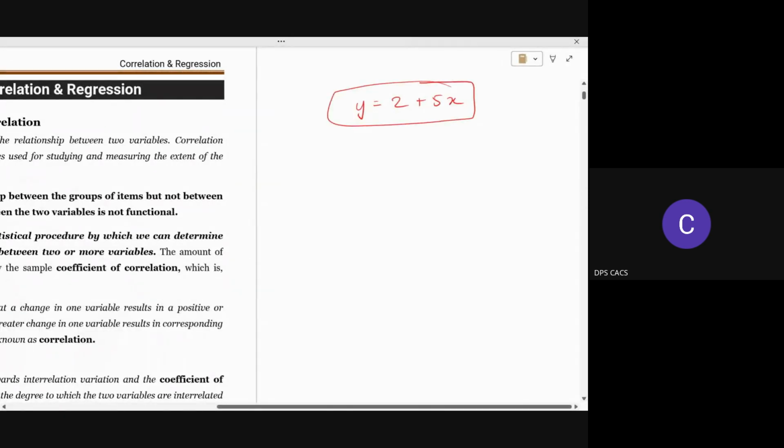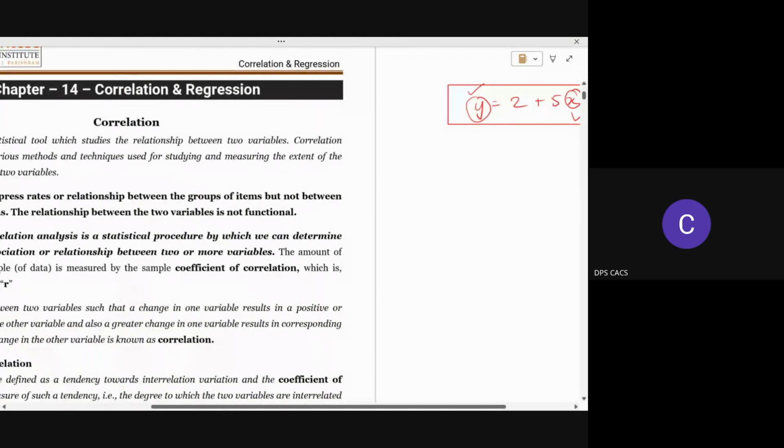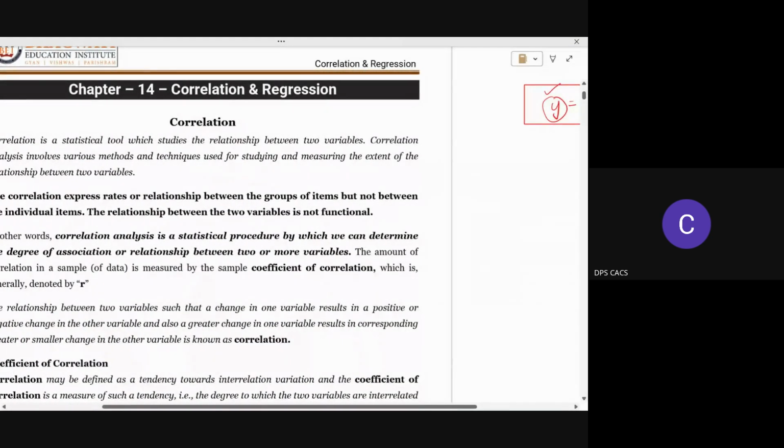Whenever I put x, I get the value of y, and whenever I put y, I get the value of x. So x and y are related. But by how much degree? That is the part of the correlation chapter, not regression. Correlation is all about the degree of relationship between two variables.